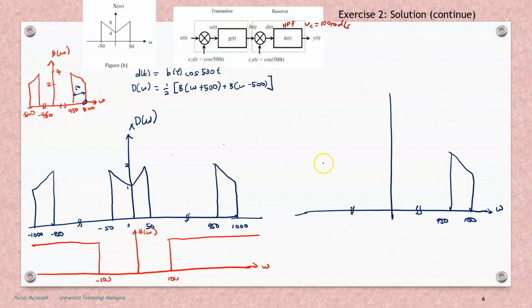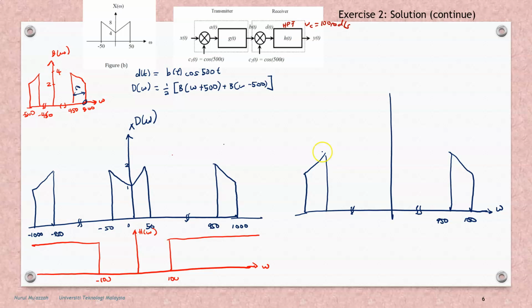So like I said, it doesn't involve much calculation for Fourier transform, but you have to understand the concept that when you modulate and demodulate, the signal will be shifted and also doubled from the original, and also the amplitude will be divided by half.